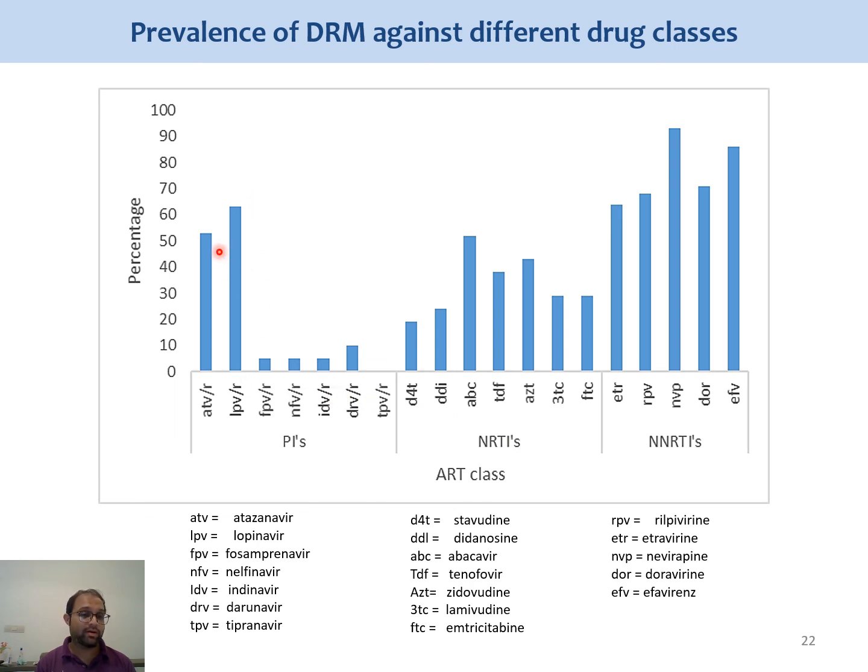So up to 50 to 60% of those mutations target the ATV and the LPV PI inhibitors. But the prevalence against the NRTIs and NNRTIs is quite high.